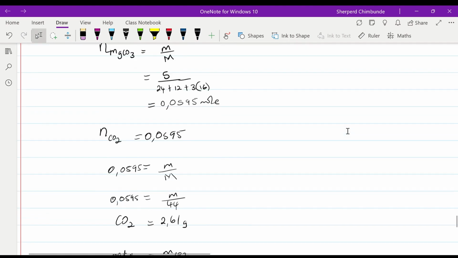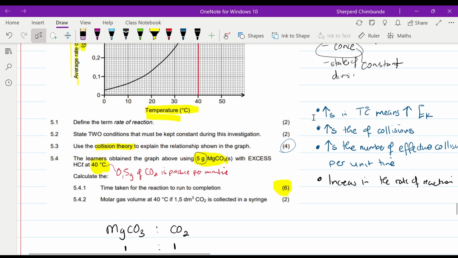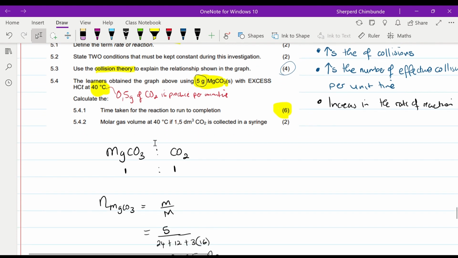Okay, now we go back to our question. Calculate the molar gas volume at 40 degrees if 1.5 liters of carbon dioxide is collected in a syringe. So our data which they gave us is they want us to calculate molar gas volume, isn't it?